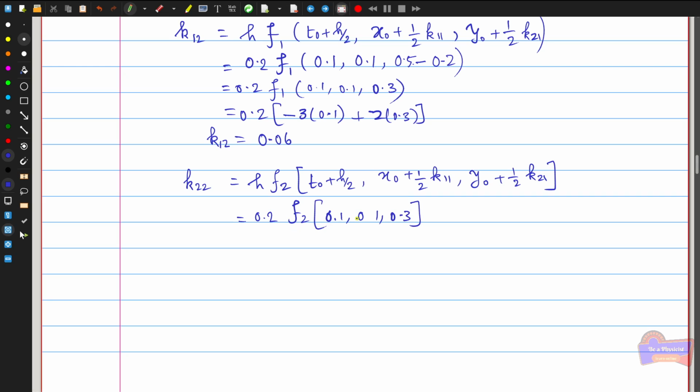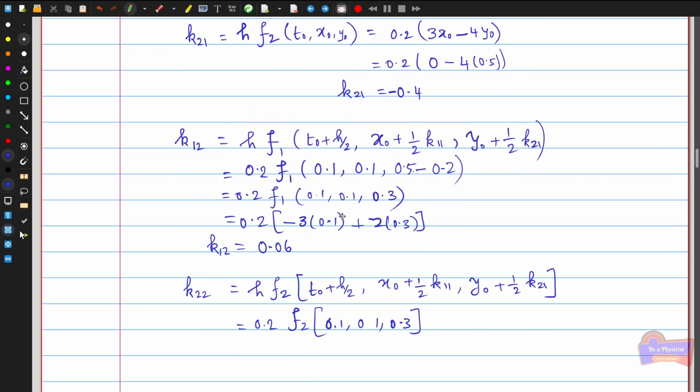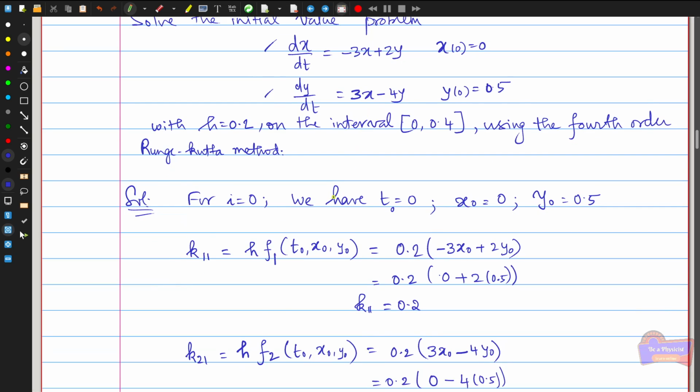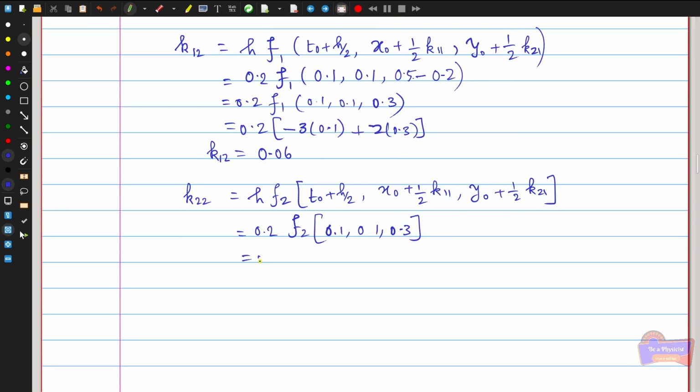Now the same values are substituted into the y equation, that is 3x minus y. So I get 0.2 times 3 times 0.1 minus 4 into 0.3. This is the t value, this is the x value, this is the y value. So I get minus 0.18. That is my k22 value.